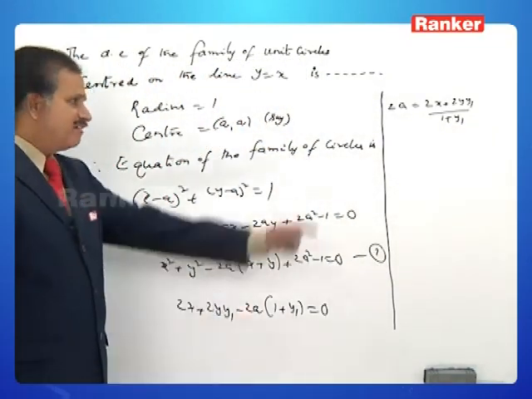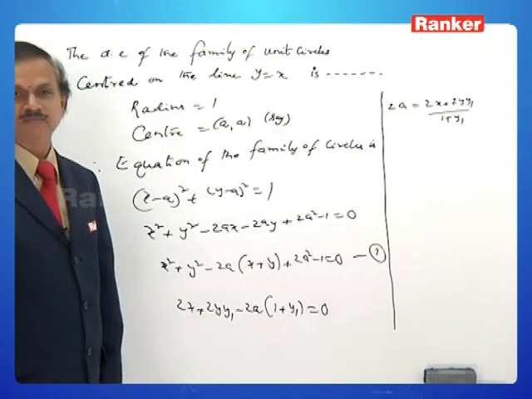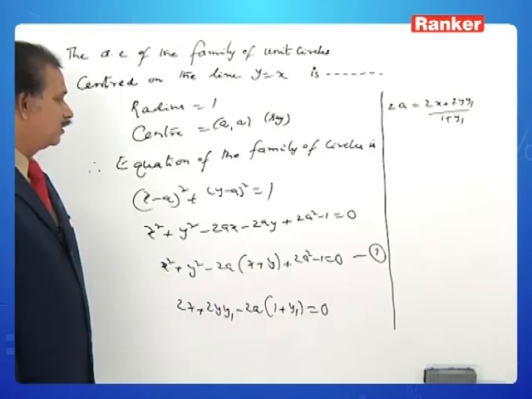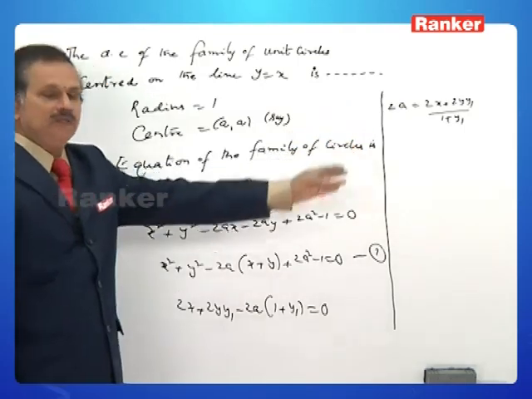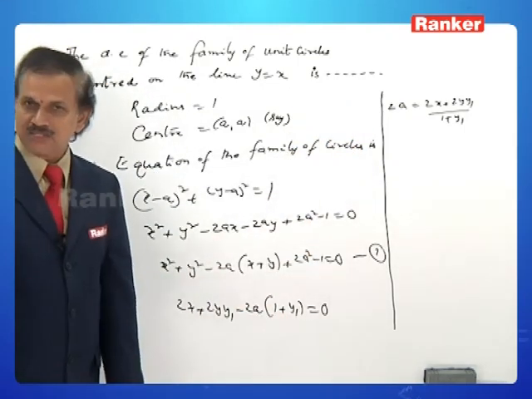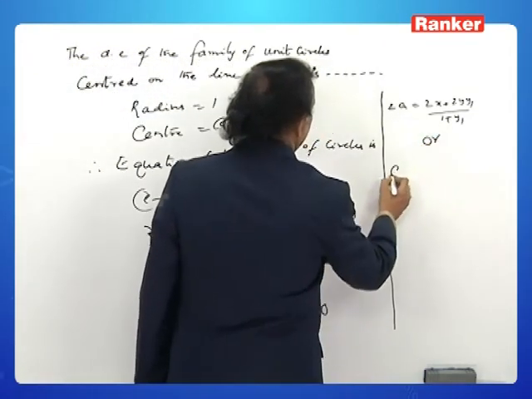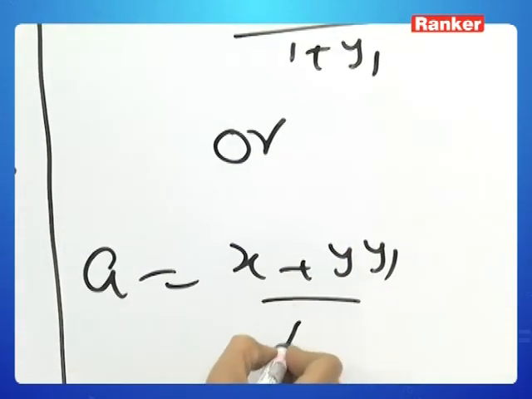Of course, that is the weapon with us to eliminate a from this given equation. The only thing remained here is to place that value in the place of a. Or a is equal to x plus y y1 by 1 plus y1.